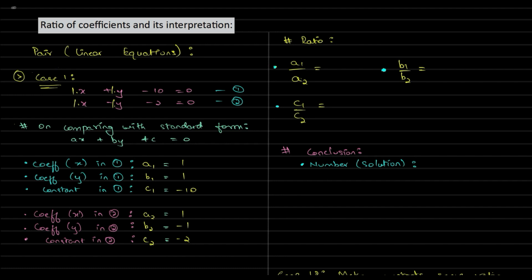So now when I take the ratio, what will I get? a1 by a2 is 1 by 1, b1 by b2 is 1 by minus 1, so that is nothing but minus 1 by 1, while c1 by c2 is minus 10 by minus 2, which reduces to plus 5 by 1. Now think about what kind of relationship all of these ratios have.